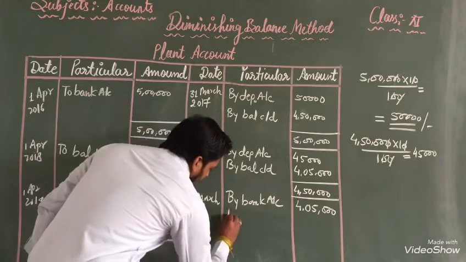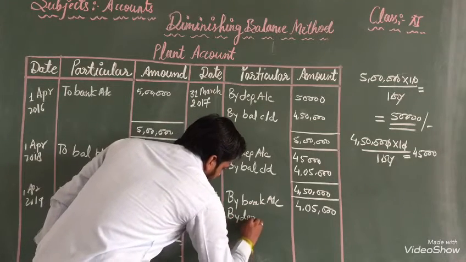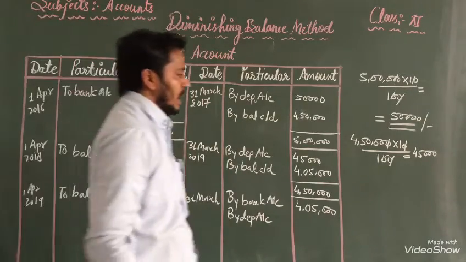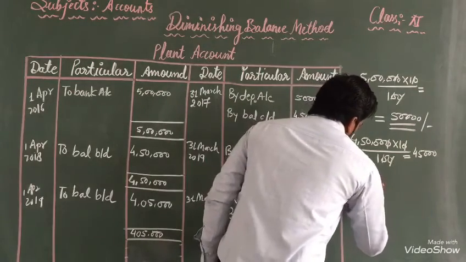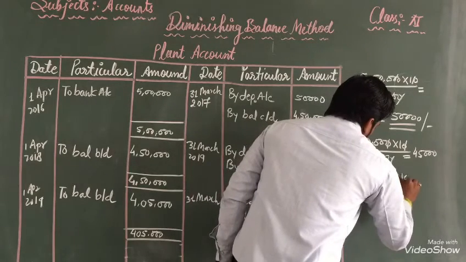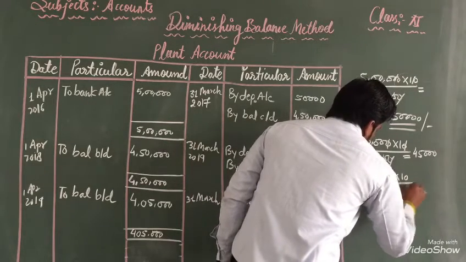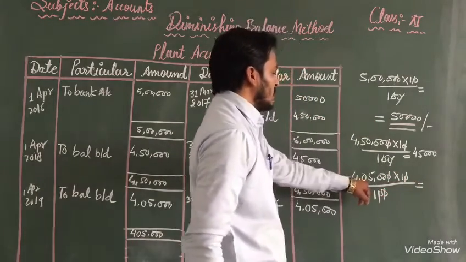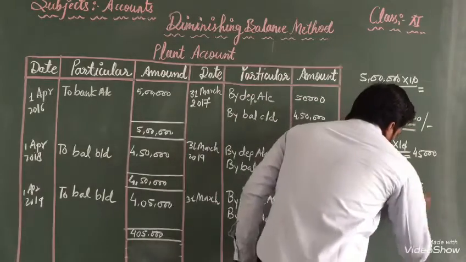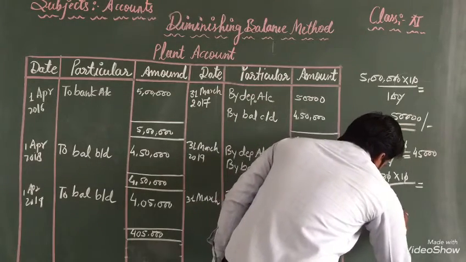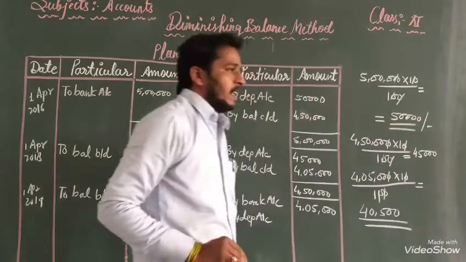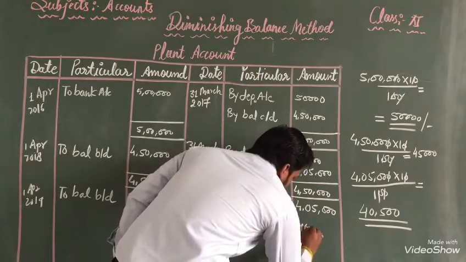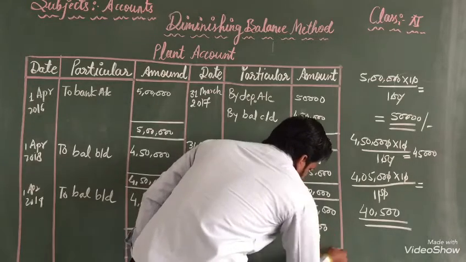तो हमें डेप्रिसिएशन भी निकालना होगा, बाय डेप्रिसिएशन अकाउंट ऑफ द 12 month। 4,05,000 into 10 divided by 100 means 40,500. 40,500 depreciation value is coming, so we have to write 40,500.